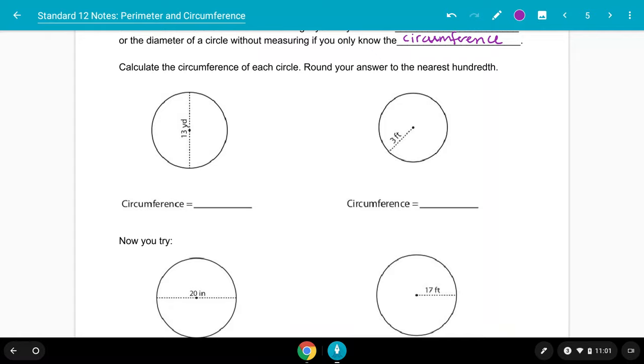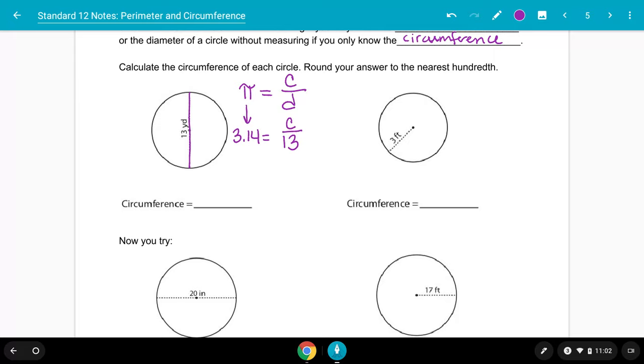Calculate the circumference of each circle. All I know is that the diameter is 13 yards. I also know that pi is equal to the circumference over the diameter. Pi isn't a variable, it's a constant. Two of these things we can replace with numbers. I can replace pi with 3.14. I don't know the measure around the circle, but I know the diameter is 13, so I can find the circumference of the circle.